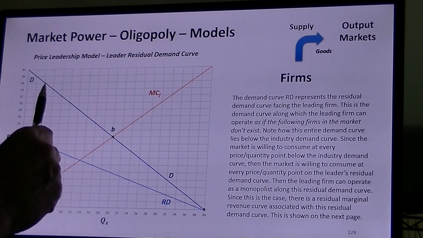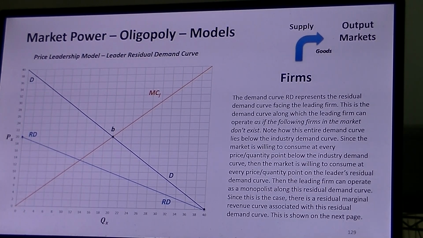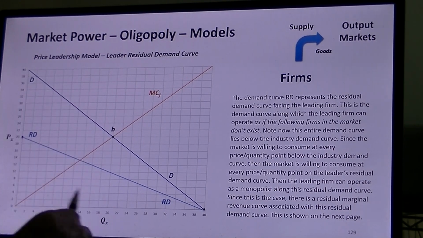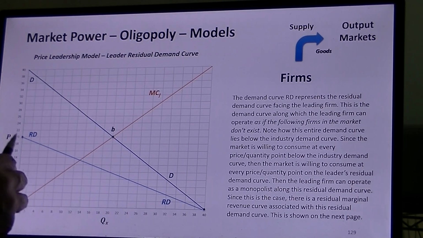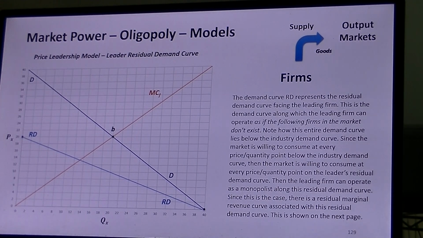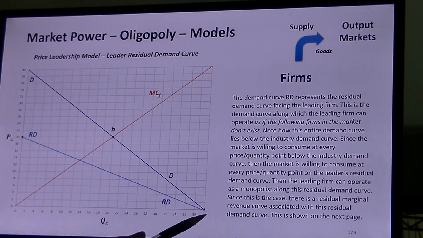In fact, it's willing to pay 36, but it'll certainly be willing to pay 24. So the market is willing to consume at every price-quantity point on the leader's residual demand curve, and so the leading firm can act as a monopolist along that curve.